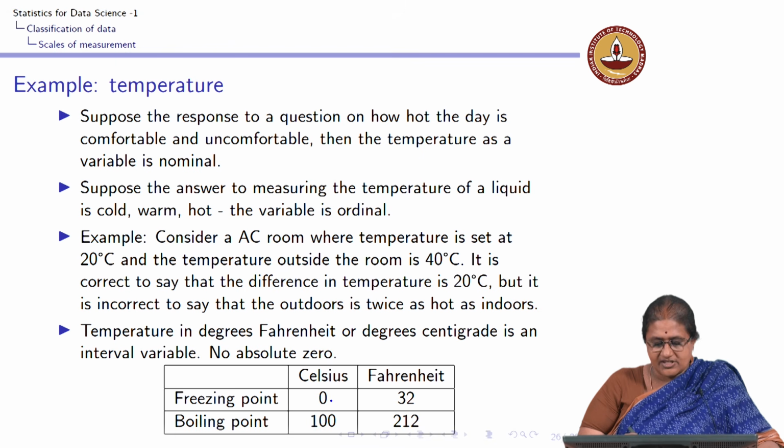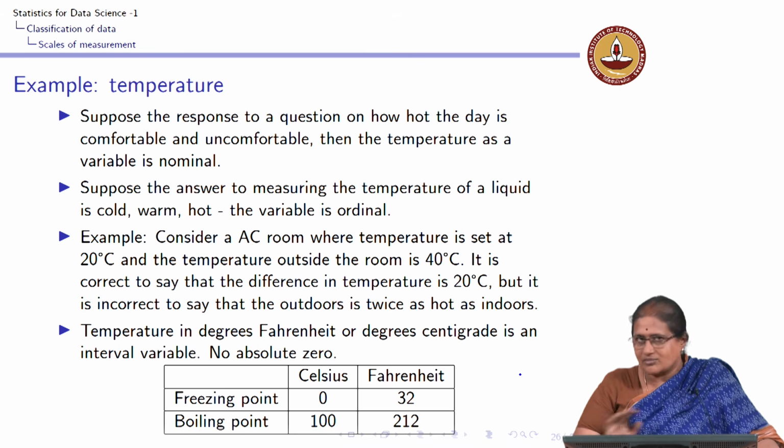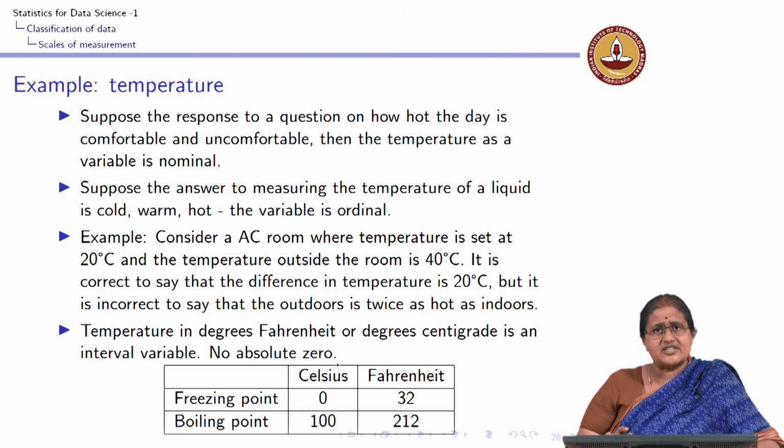In Celsius, 0 and 100 are the freezing point and the boiling point, whereas in Fahrenheit it is 32 and 212. Only in Kelvin do you have a 0 degree, where 0 means absolutely no temperature. But when you are talking about Celsius and Fahrenheit, there is no absolute 0.